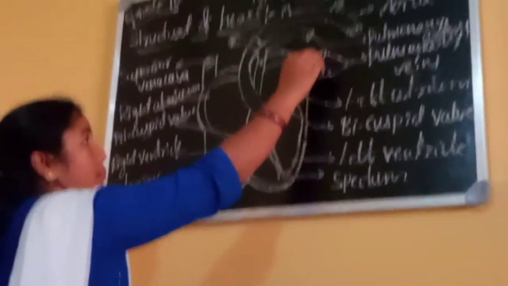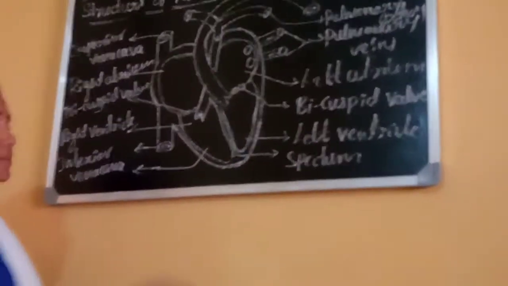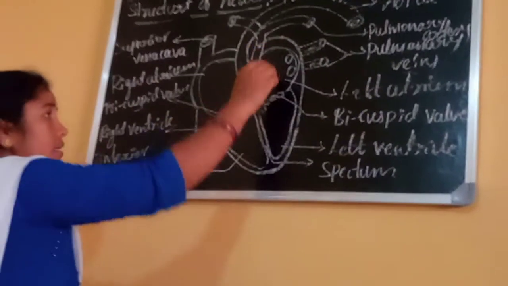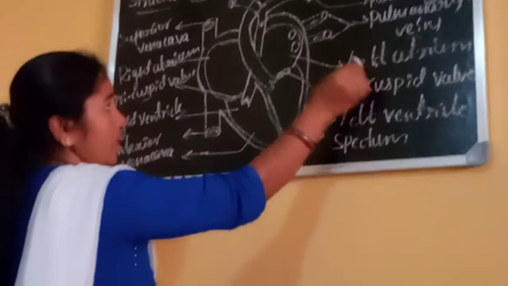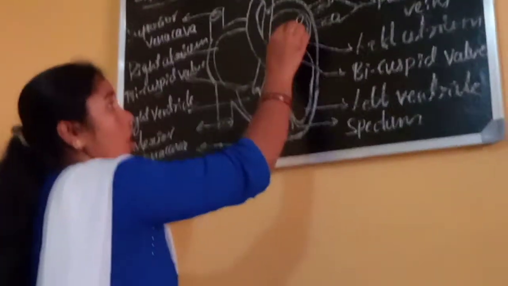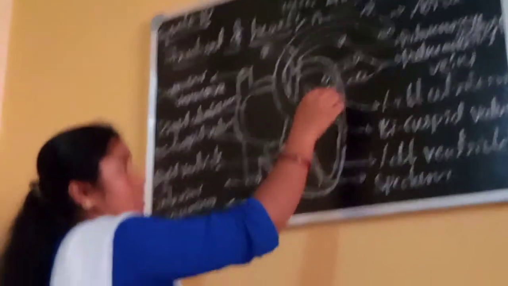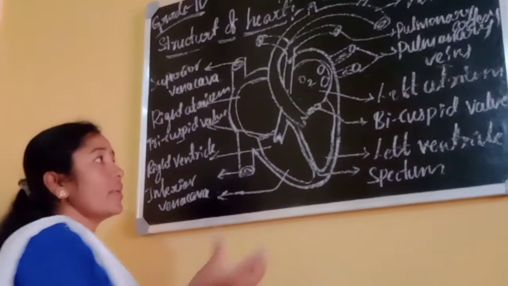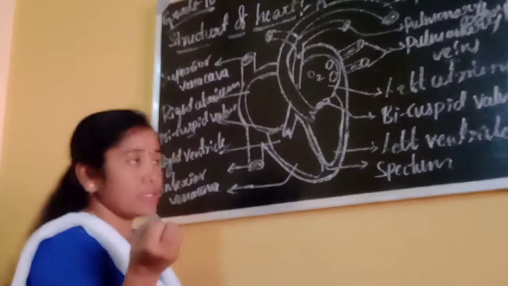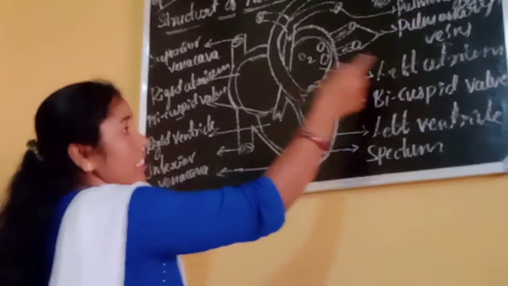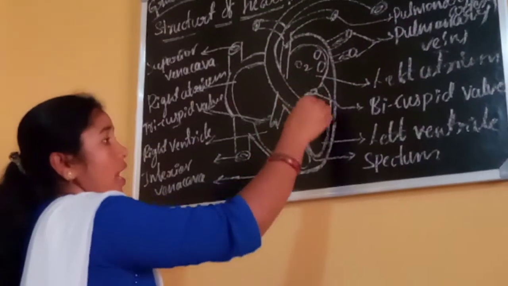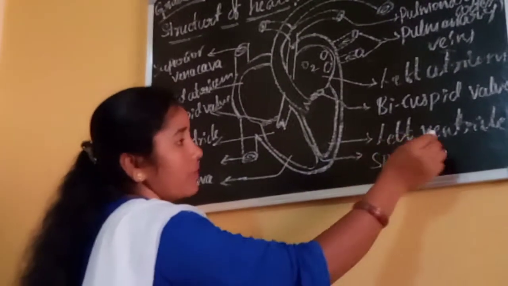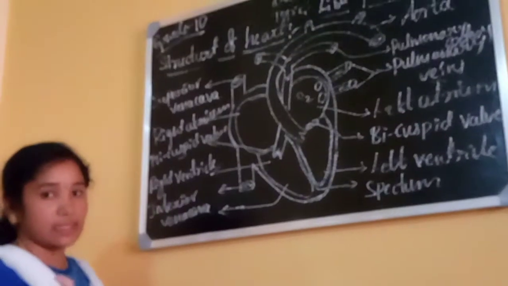The pure or oxygenated blood comes from the lungs and enters the left atrium. When the oxygenated blood enters, it relaxes. After that it contracts, which one? The left atrium. The other chamber is the ventricle. The left ventricle relaxes.